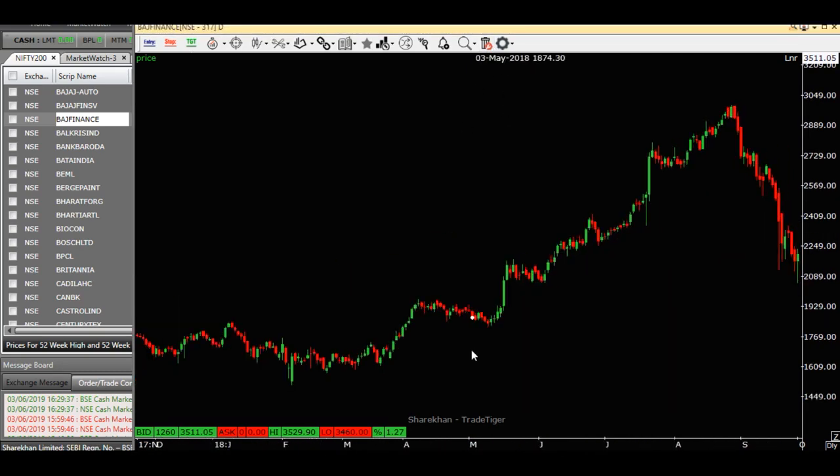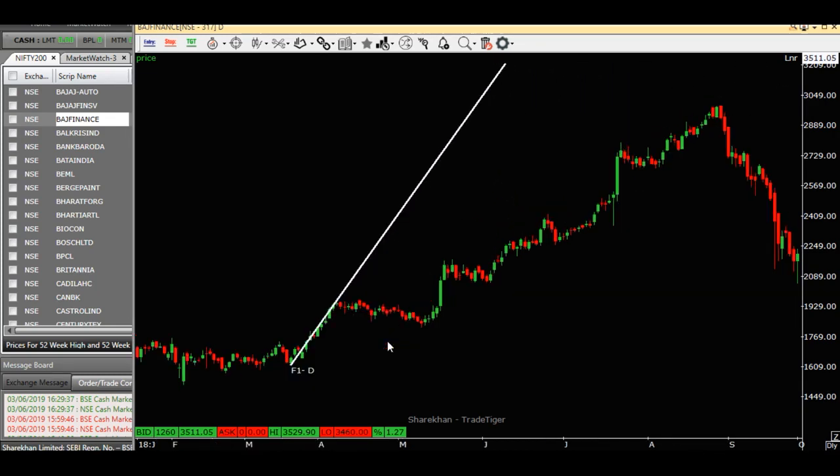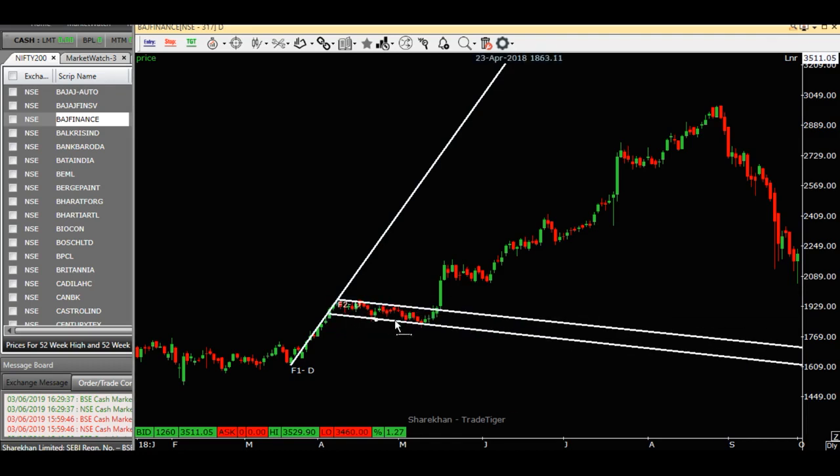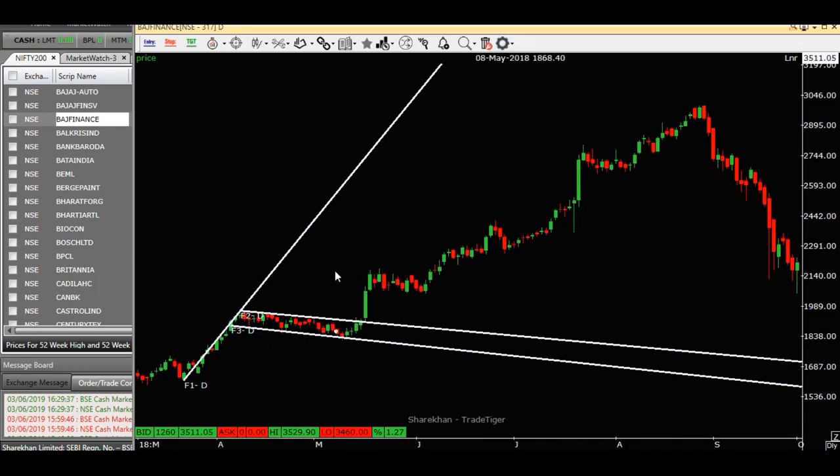Here is another flag formation. So nice impulsive up move, you can see these green candles just moving up and up and up, followed by a sideways movement, a consolidation. So we have a nice, very uniform flag pattern, and then finally it breaks out and easily achieves the target.